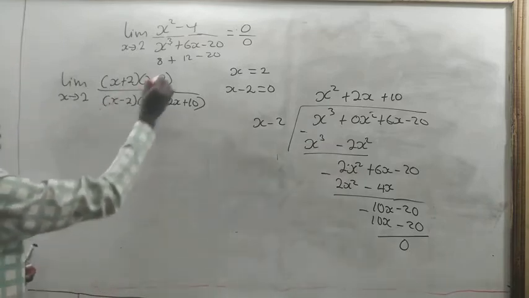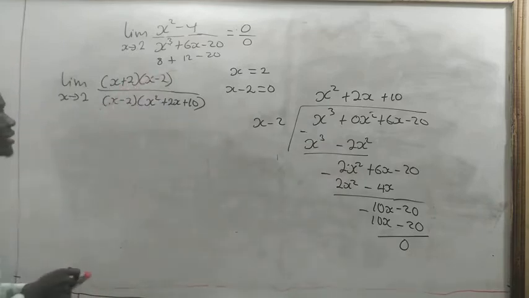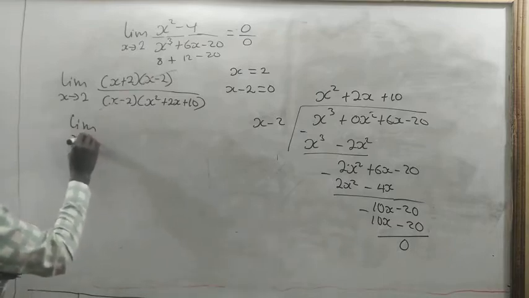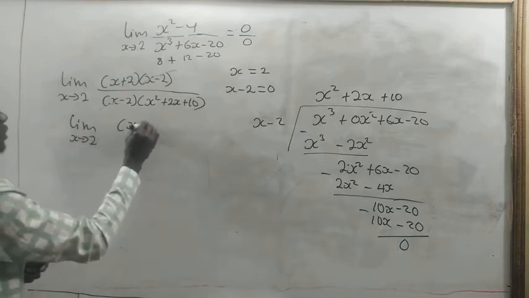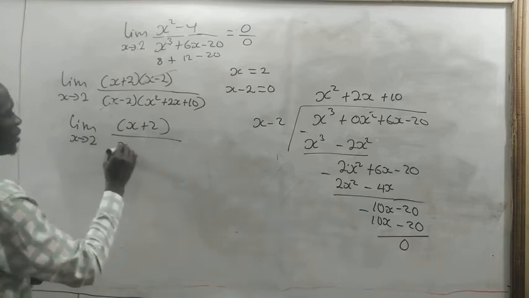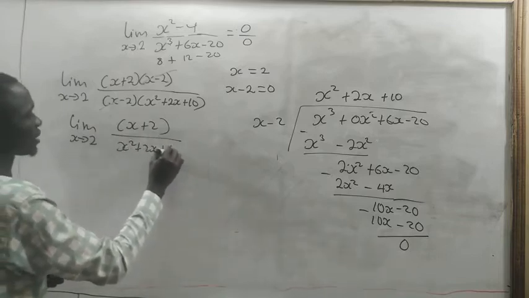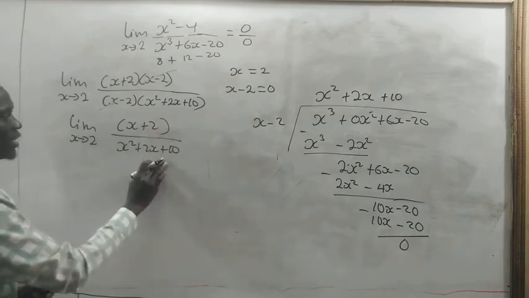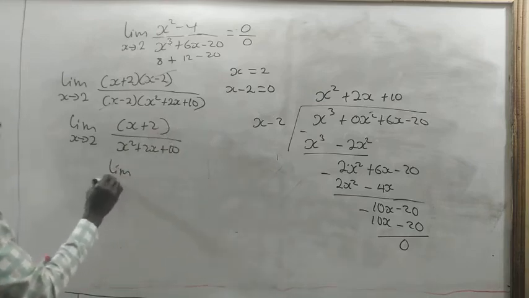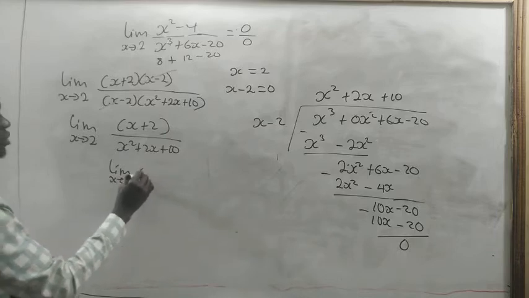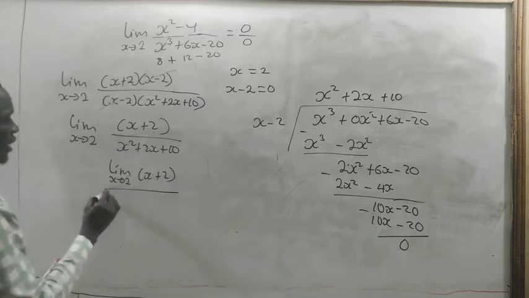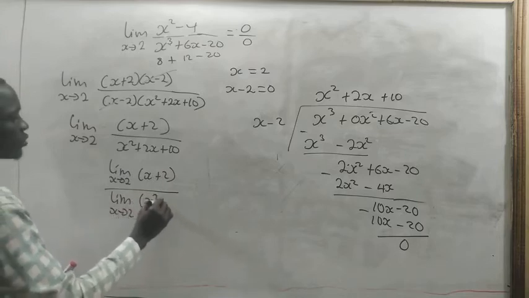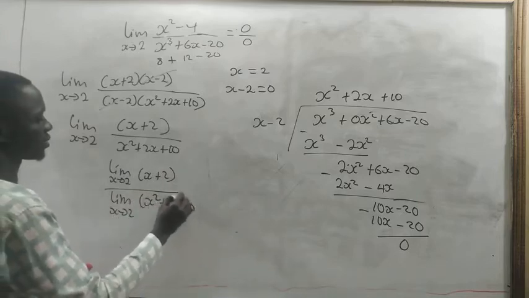So here we cancel this and that. We are going to have the limit as x approaches 2, x plus 2 divided by x squared plus 2x plus 10. So we take the limit of the numerator and the limit of the denominator. So we have the limit as x approaches 2, x plus 2 divided by the limit as x approaches 2, x squared plus 2x plus 10.